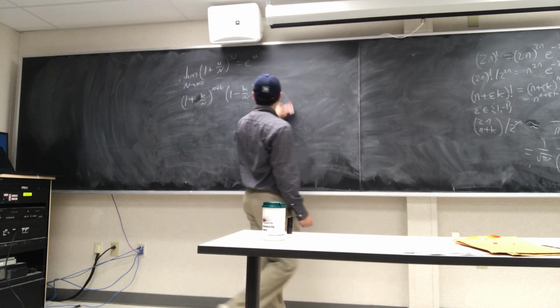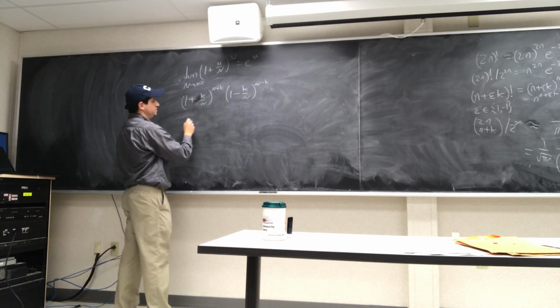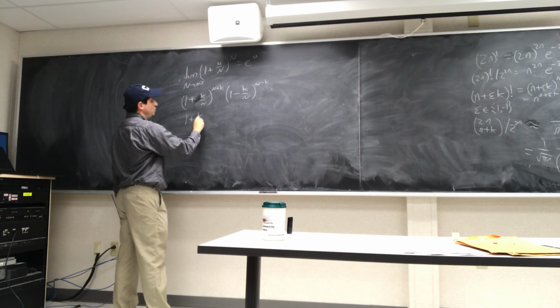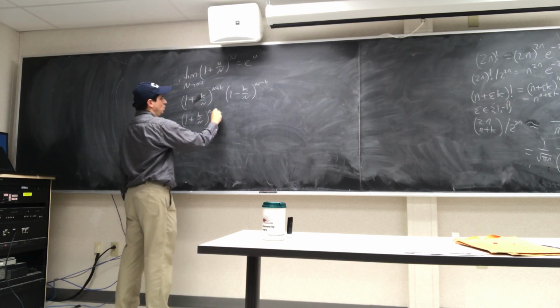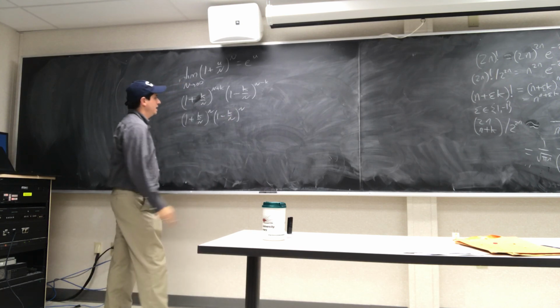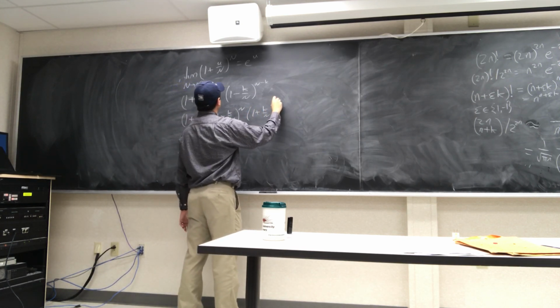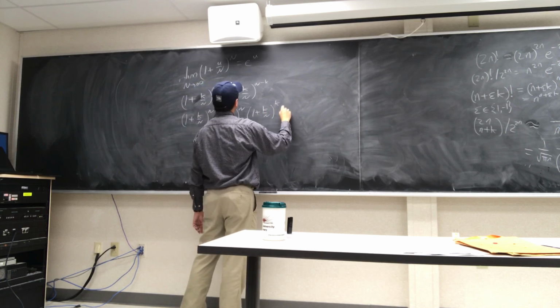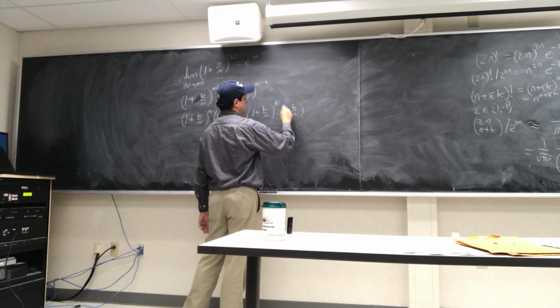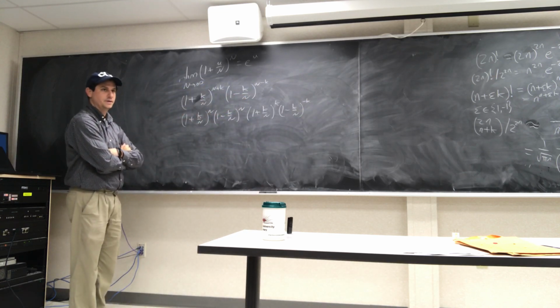What you could do is break it up into two terms. Let me take the n's: I've got (1 + k/n)^n (1 - k/n)^n, and then I've got (1 + k/n)^k and (1 - k/n)^(-k). I could try to do something like this.